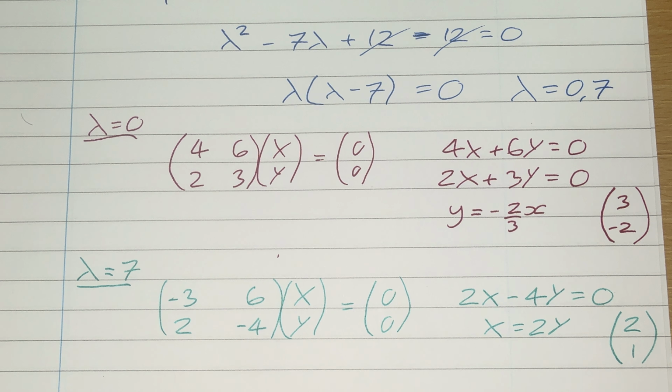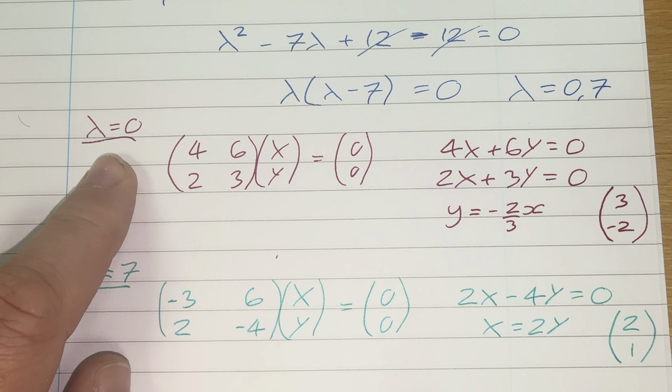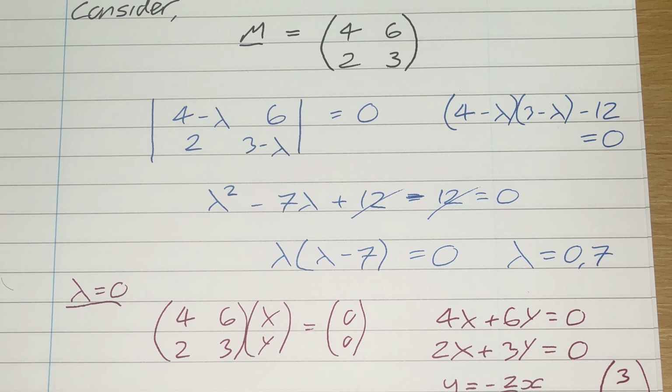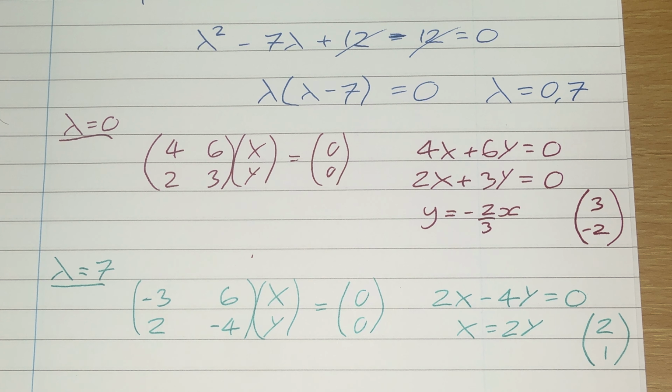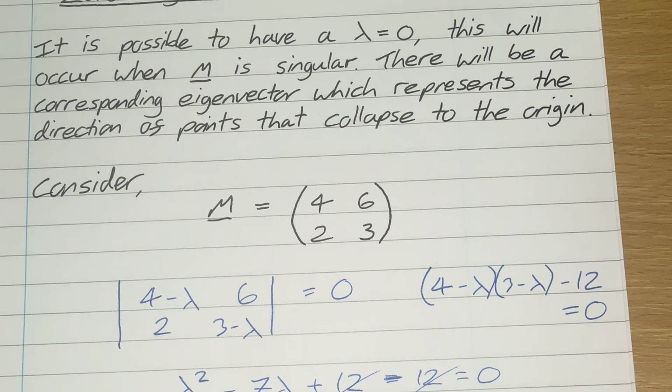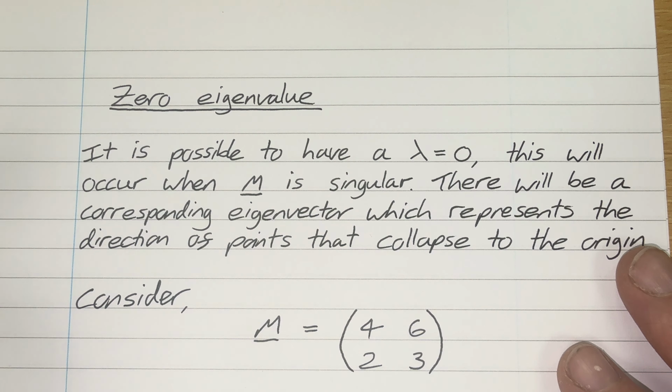So just because lambda comes out as 0 as an eigenvalue, it doesn't stop anything. It just carries on exactly as it would have when it wasn't 0. But I did want to highlight that it is possible to have a lambda value of 0.